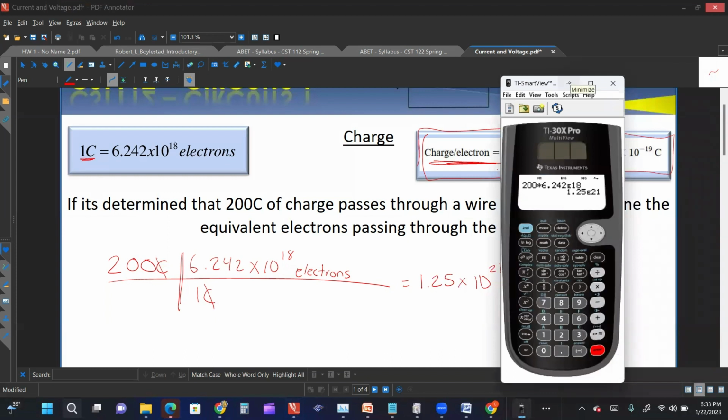All right, moving on to the next question. But before I do, I just wanted to point out the mode that I have my calculator in. From this point on, more than likely we're going to be working in engineering notation.